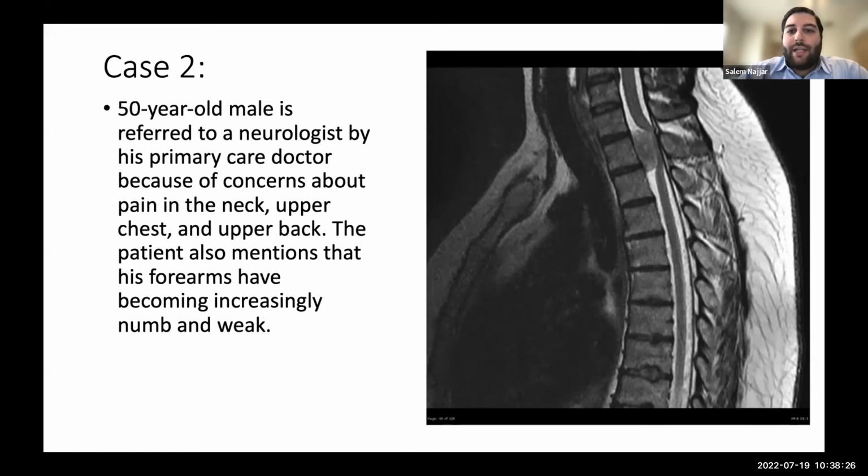Okay, so let's just get into this a little bit more. You can see on the right here, this is a sagittal T2 MRI. You can see that the fluid is hyperintense here. And so this is a homogeneous enhancing intradural extramedullary mass with a broad dural base, right? There's dural tails. We're going to see that in more detail.